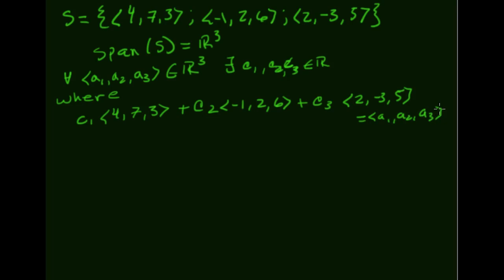So I can make a linear combination of the three vectors in S. The right linear combination will give me every single element in R3.